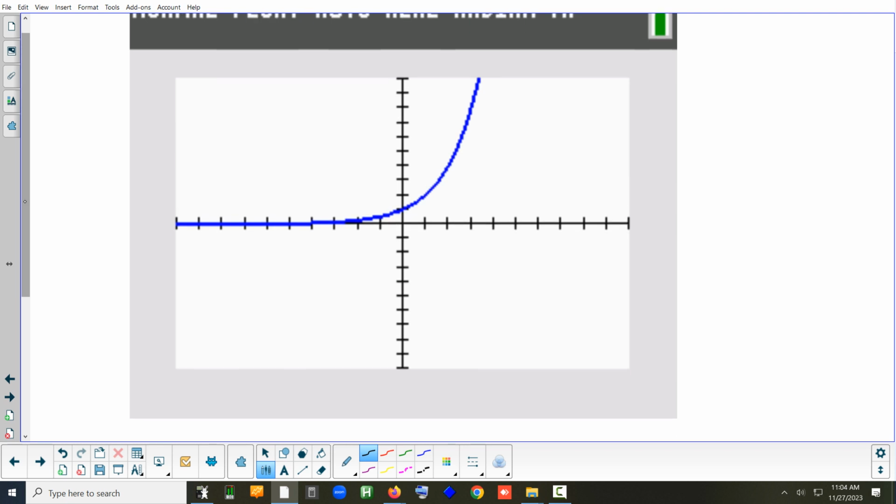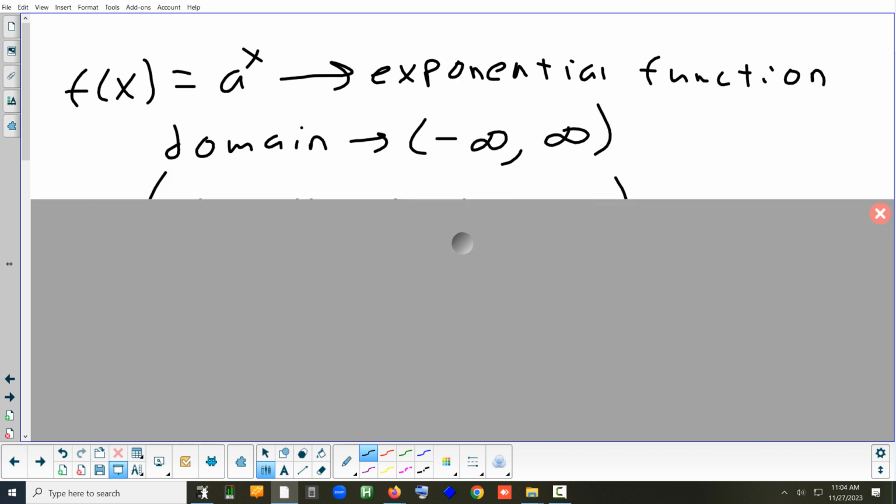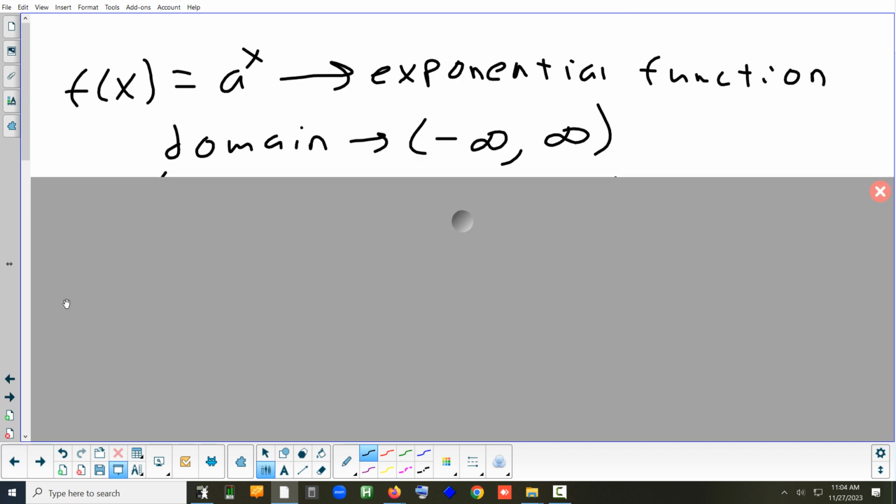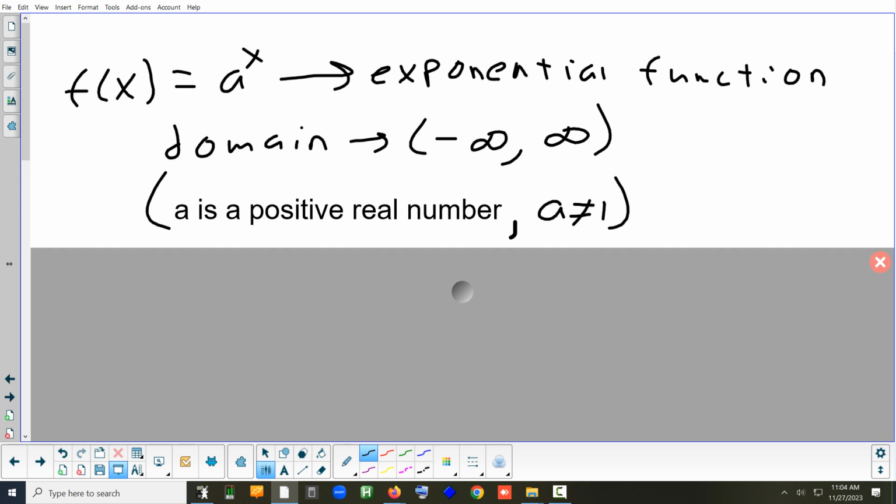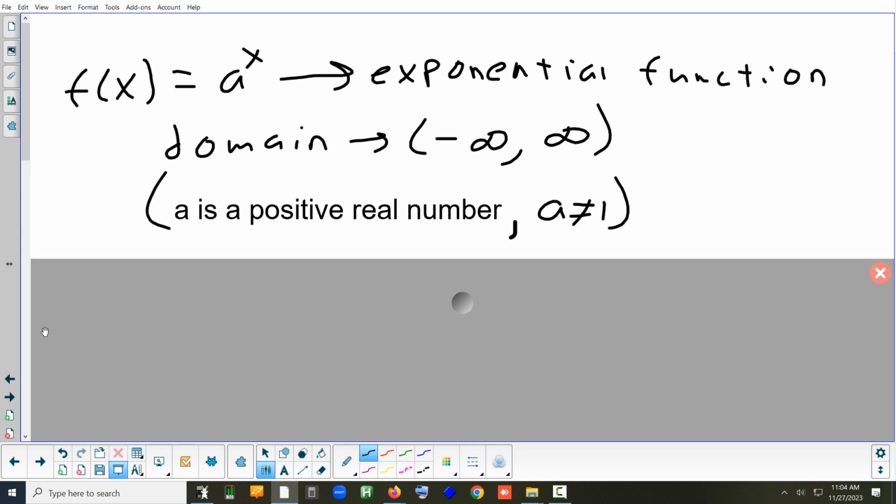An asymptote. Yep. So domain, all real numbers. And remember, the base has to be a positive real number except the number 1. We already wrote that down on the other page.